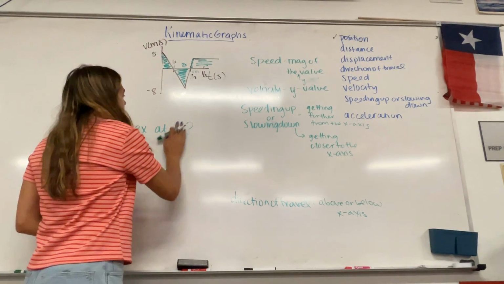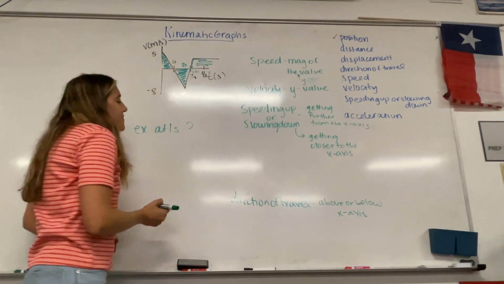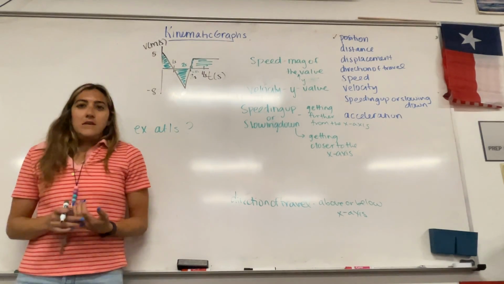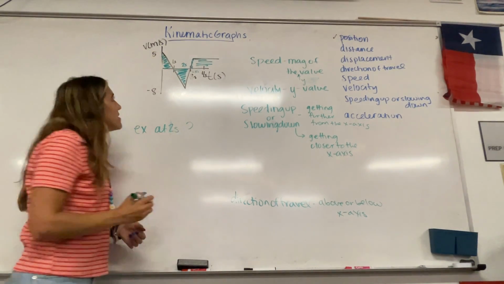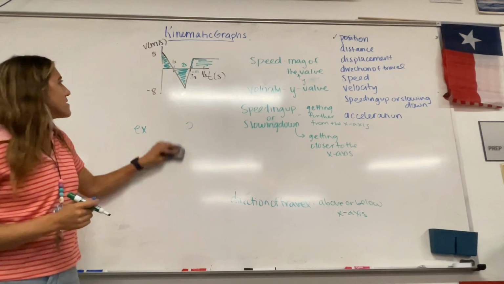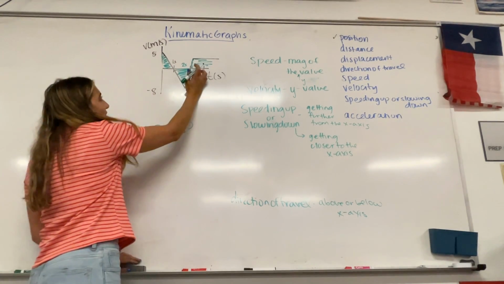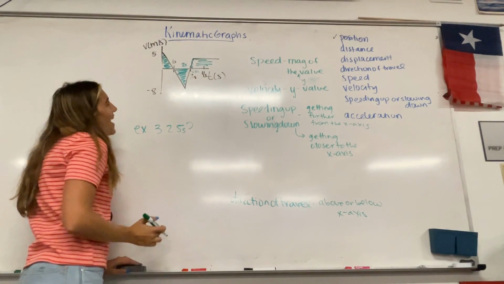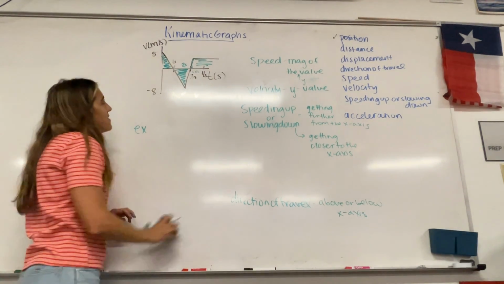Let's try at 1 second. No, not 1 second. Let's try at 2 seconds. Sorry. Oh, 2 seconds is bad too. I do a lot of these. Okay, at 3.25 seconds. Right here. I'm slowing down. Well, no, wow, all of these times are bad.